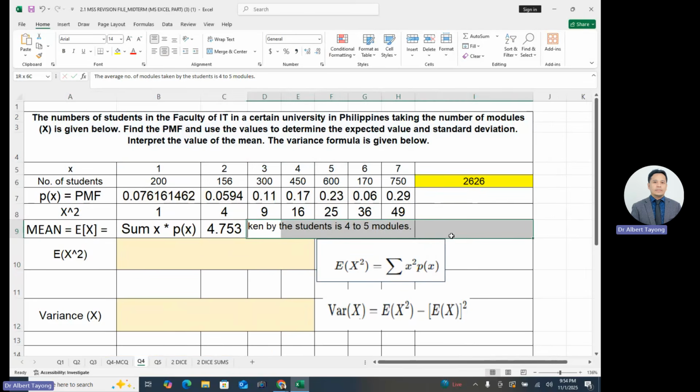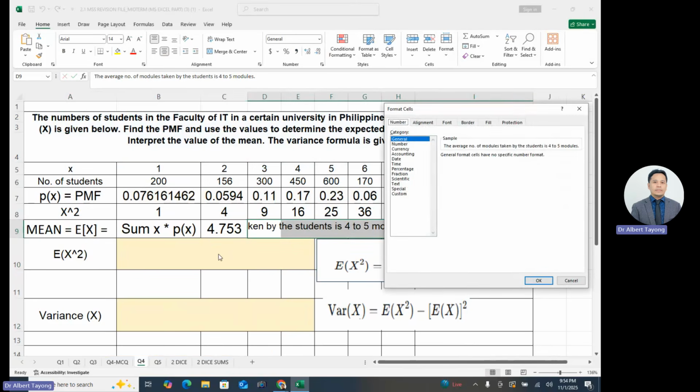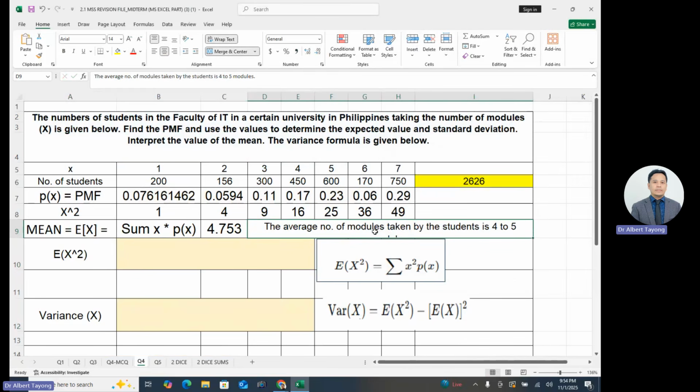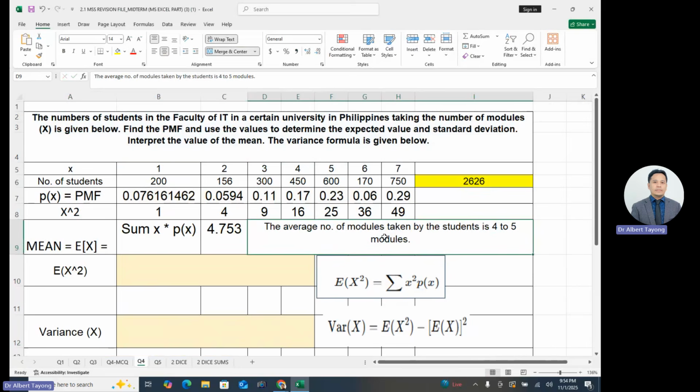So we can press Control 1 and alignment, wrap, and merge to put this in one box or one cell. This is the average number of modules taken by the students, which is 4 to 5 modules, because we have 4.75. So most of the students are here. There are 1,050 students there.